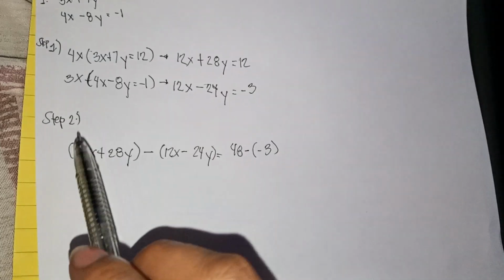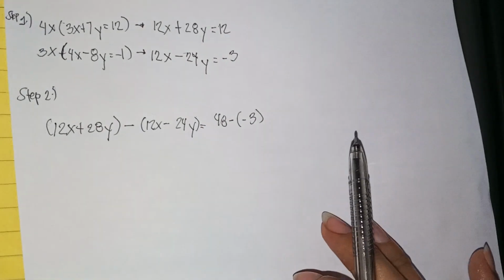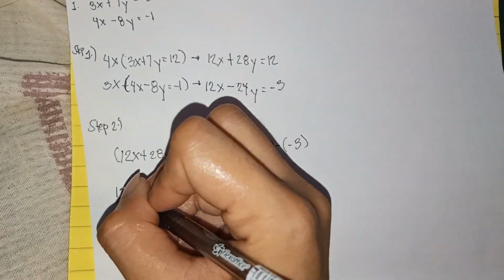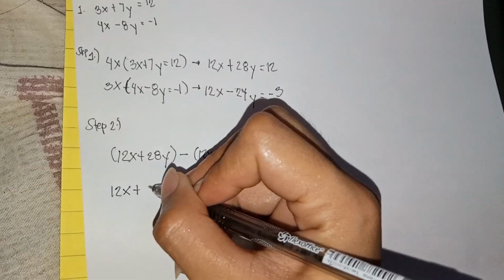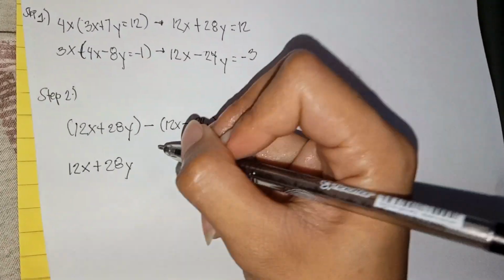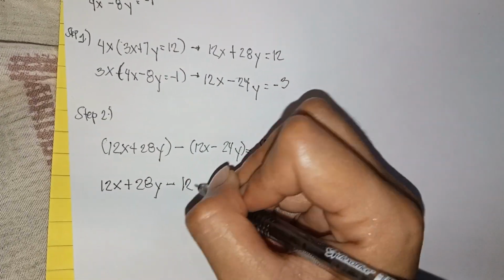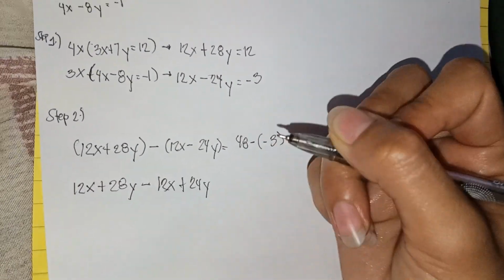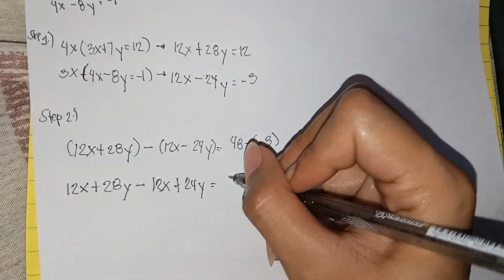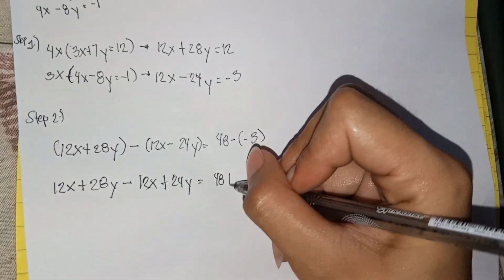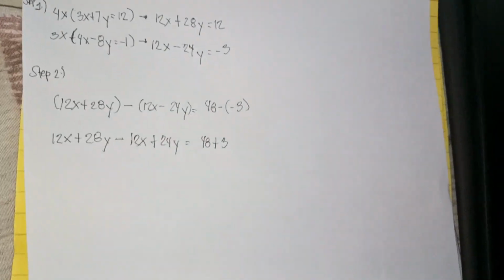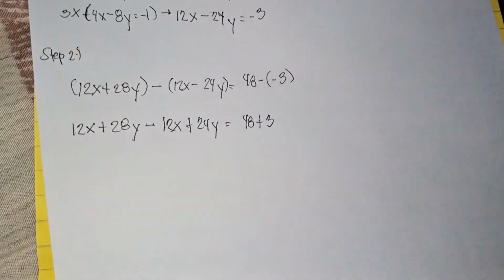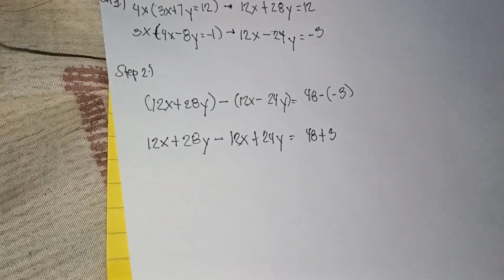So we're going to open the parenthesis, then distribute the minus sign. 12x plus 28y minus 12x plus 24y equals 48 plus 3, because negative times negative equals positive. That's why it's positive. Then combine like terms.